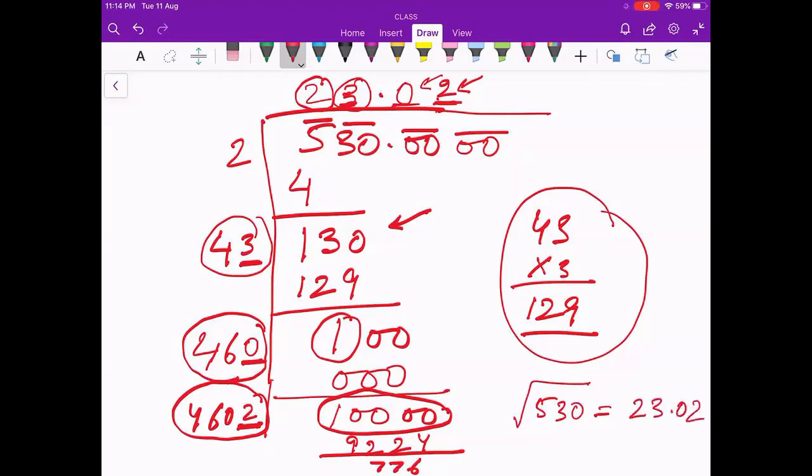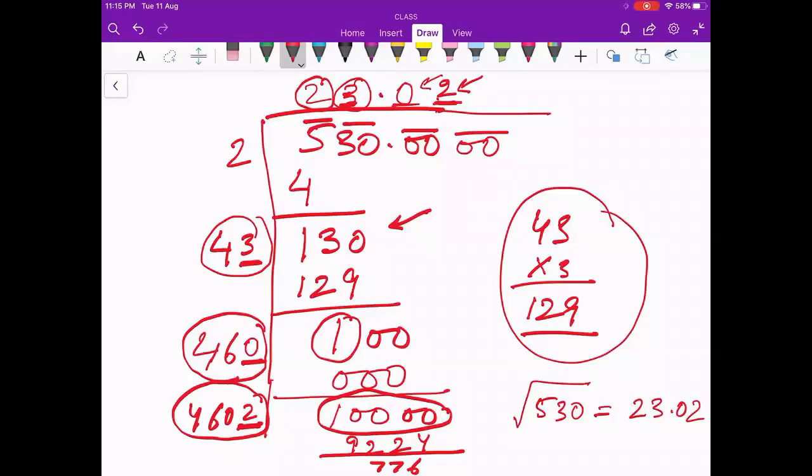This is the way to find the square root of non-square numbers. And students, you should note that in case of non-square numbers, we do not get 0 as remainder at any stage. Okay, we can carry these steps further and get the answer further in decimals.